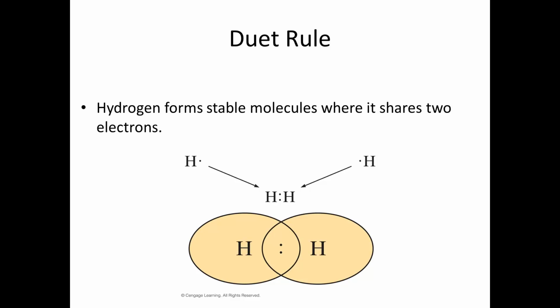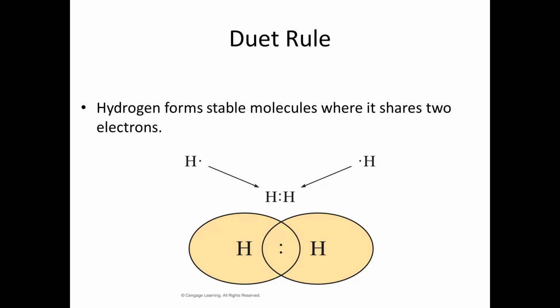Once its 1s orbital is filled, it has a filled subshell. Filled subshells are the configuration of noble gases. The noble gas configuration that hydrogen attains through covalent bonding is the same as helium, also in the first period of the periodic table. So hydrogen forms duets.